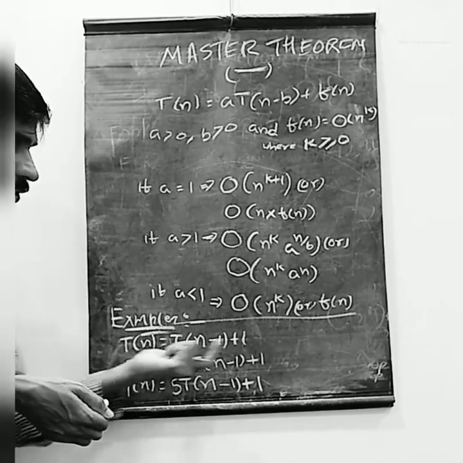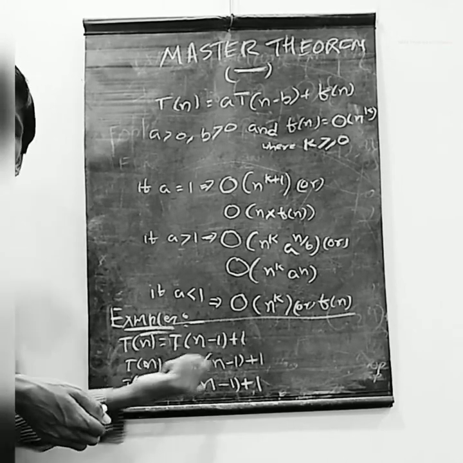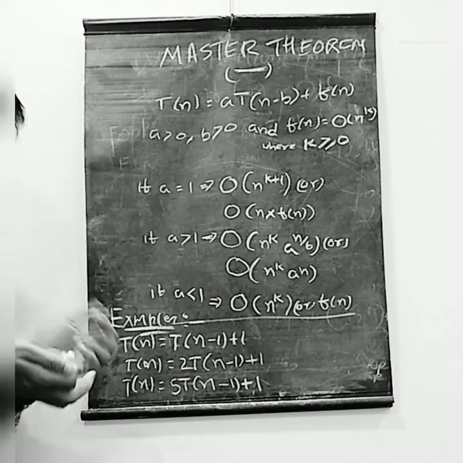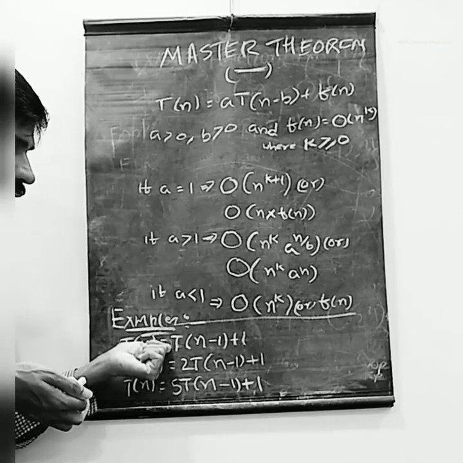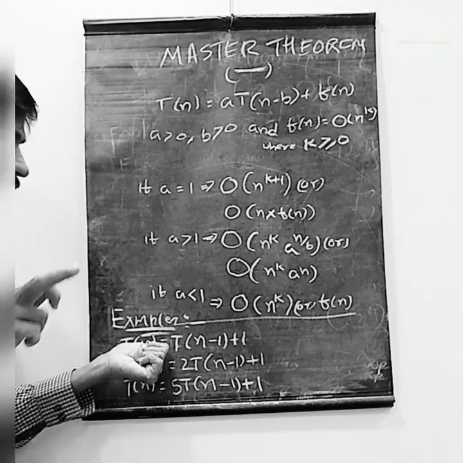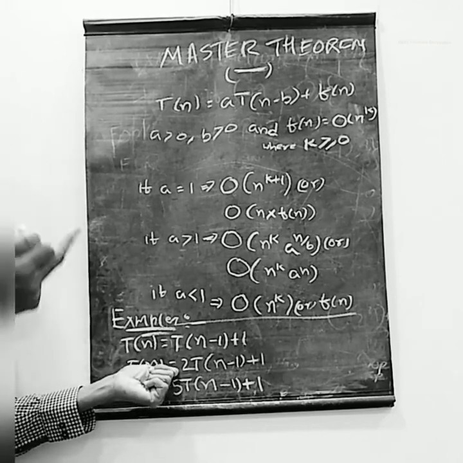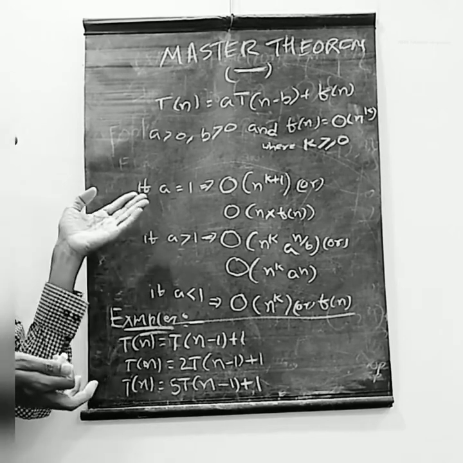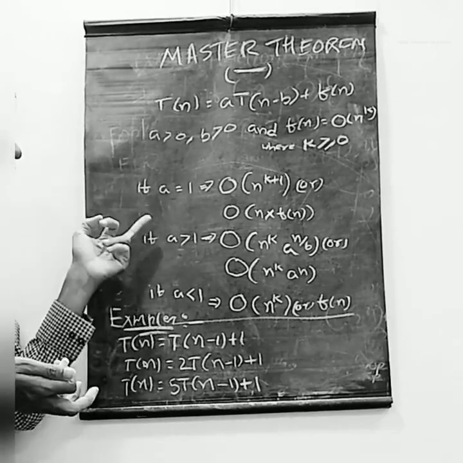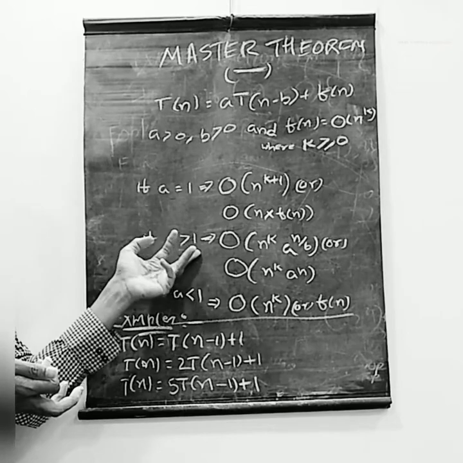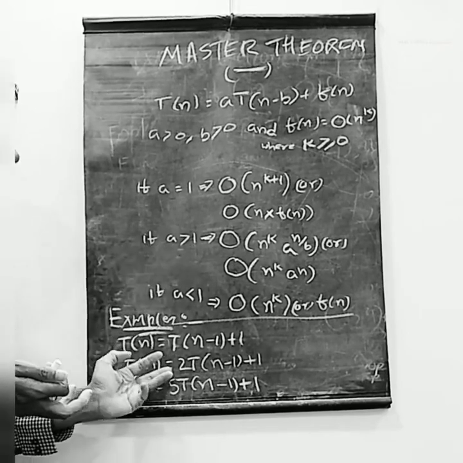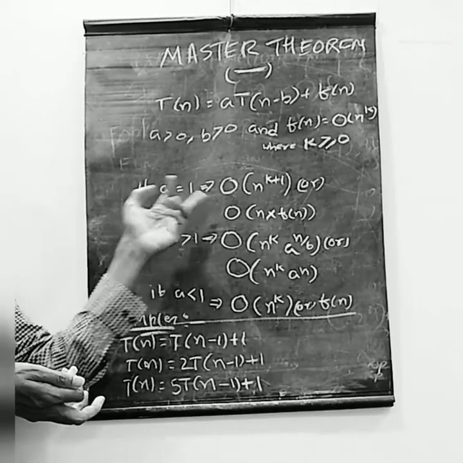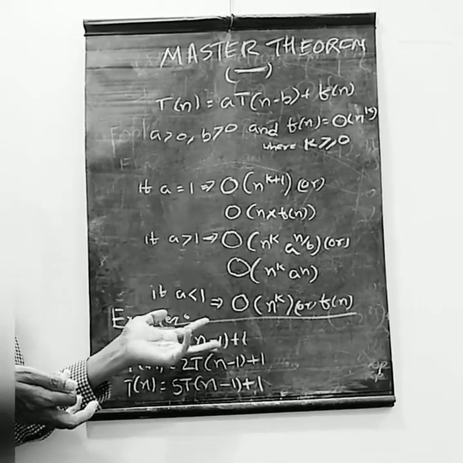Each recurrence relation represents one recursive program, right? If you see here, we are calling myself only one time. In this case, I am calling myself 2 times. In this case, I am calling myself 5 times. So here A will be 1, but here A is greater than 1. So when A is greater than 1, we need to follow this or this. If A is 1, this or this we can represent.